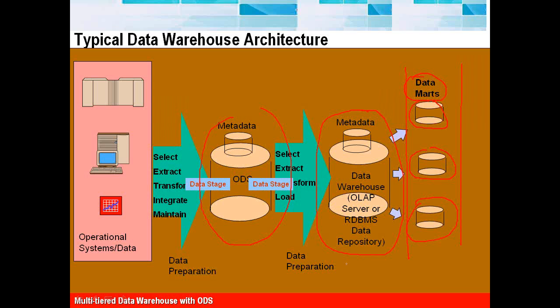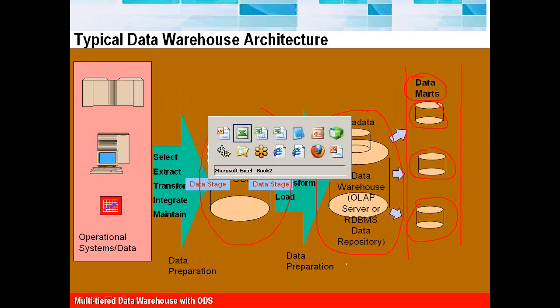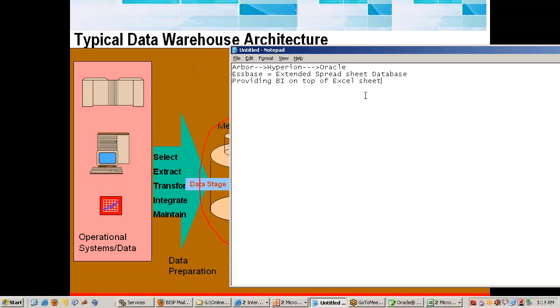Similarly, Hyperion Essbase is an enterprise solution, but one Essbase cube represents one data mart. I know there are many implementations across the globe which use one Essbase cube for disparate solutions, but when we suggest a solution to the client, we ask them to create a different cube for a different solution. For one of my examples, this is a very common thing. My business wants to do analysis.